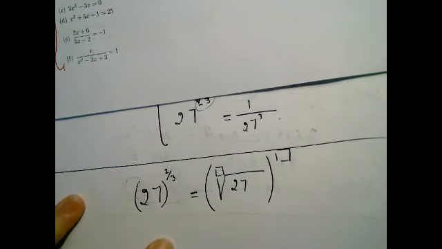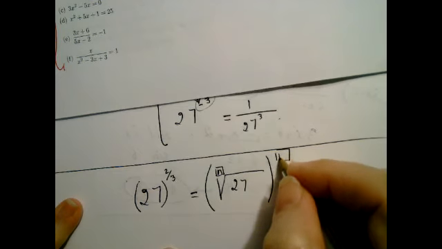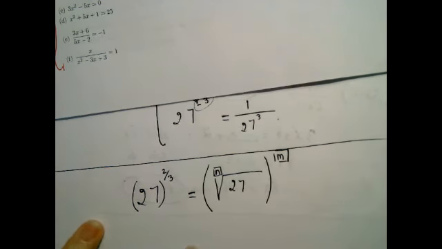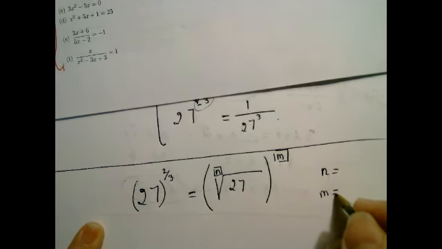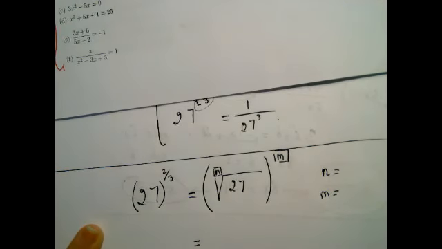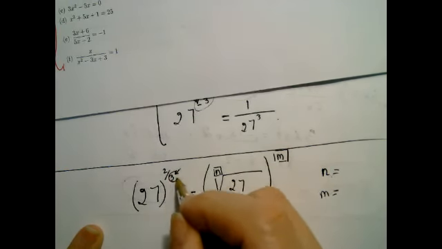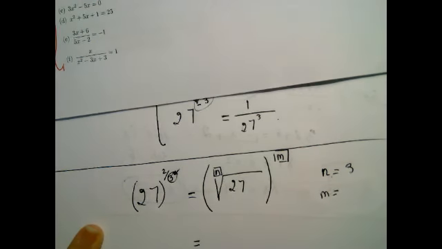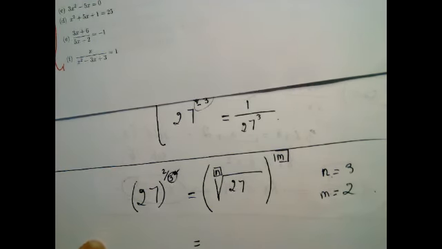That's really what my question is. The way I call it, I call this n and I call this m. All right, so what's the n and what is the m in this scenario? And then evaluate. Okay, n is the denominator, it's the root, that's the 3. Okay, m is the power here, which is equal to the 2.